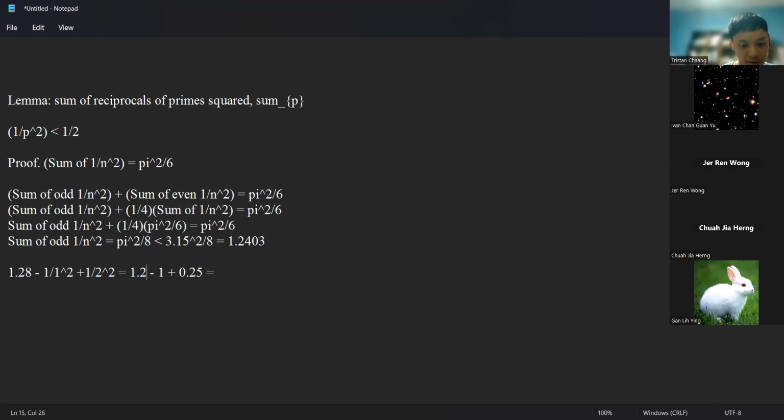Then it works. 1.2403, and this is 0.4903. So that's less than 1/2. Yes. So the sum of reciprocals of primes squared is less than 1/2. We're going to use that later.